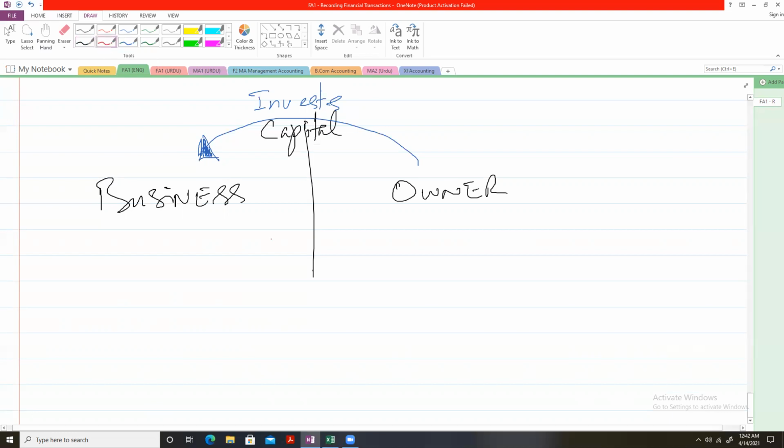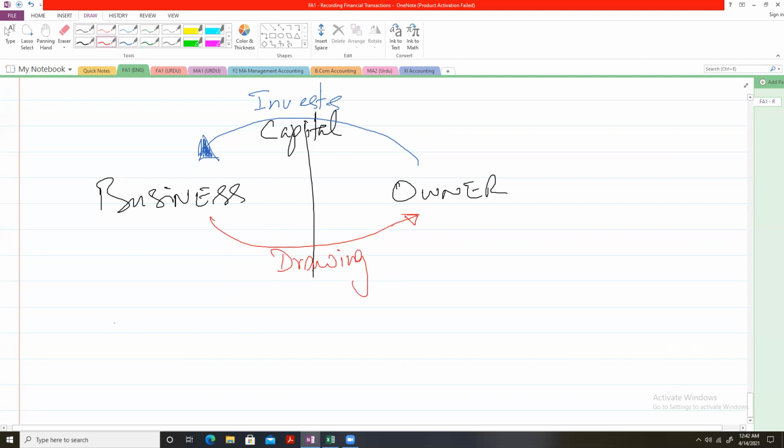But now, what if the opposite happens? Instead of making an investment, the owner is taking out something from the business for his or her personal use, then this is said to be a drawing by the owner.